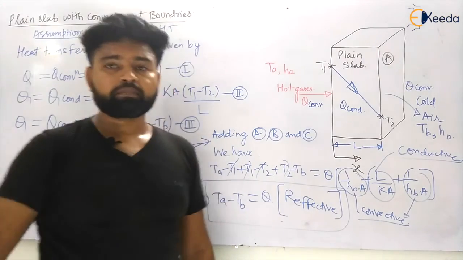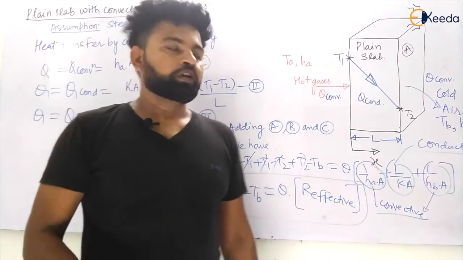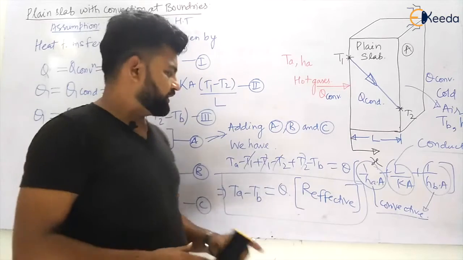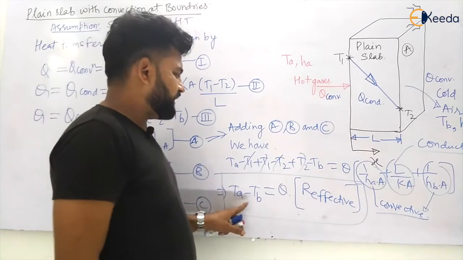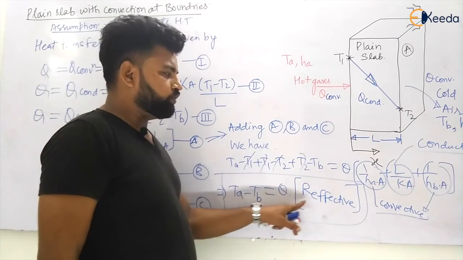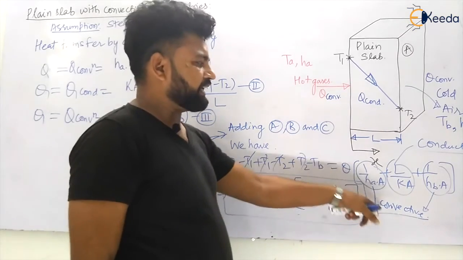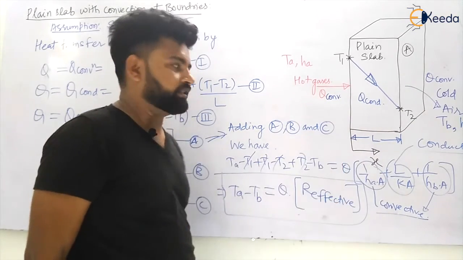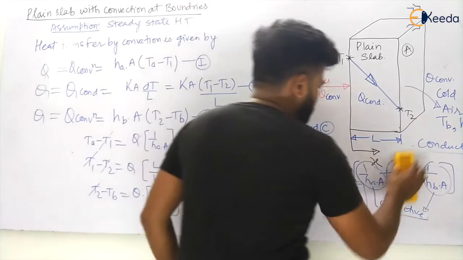Okay, so in this case, my dear students, we will be having Ta minus Tb is equal to Q into R effective, and we have seen the conductive resistance and convective resistance. So what will be the overall temperature drop?